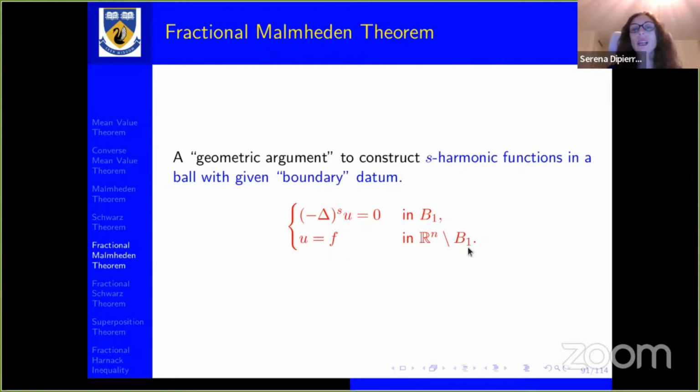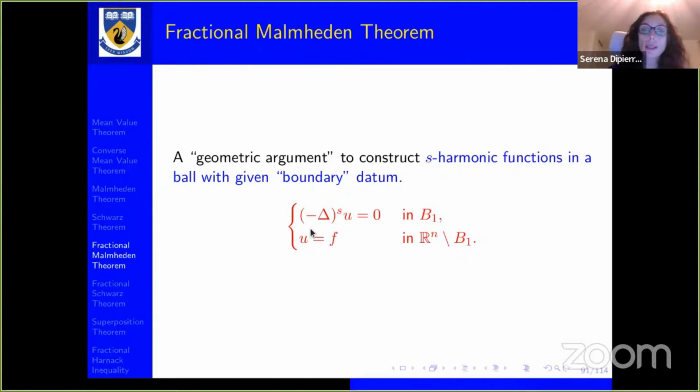So again, this is the way you would set a Dirichlet problem in the fractional setting, because this fractional Laplacian sees the function everywhere, so you have to tell it what the function is everywhere. So everywhere outside V1 in this particular case.